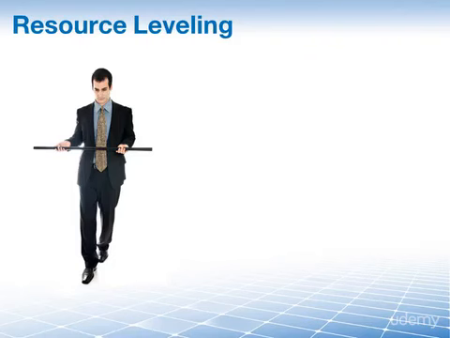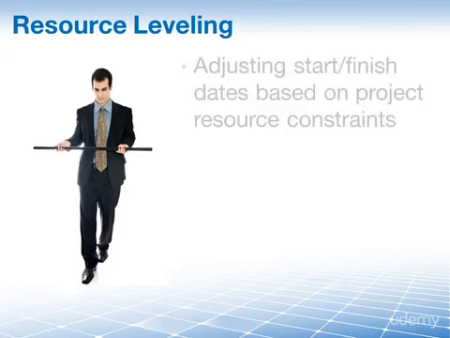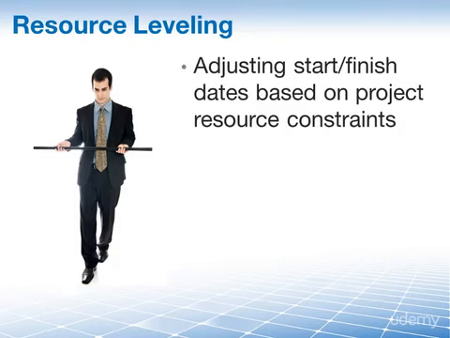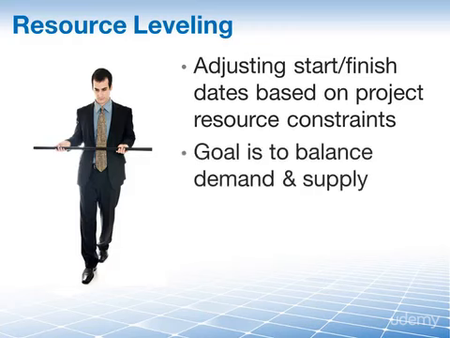Resource leveling is actually a lot like Tetris. It involves adjusting schedule network activity start dates and finish dates based on project resource constraints. The goal is to balance the demand for resources with the available supply of those resources.